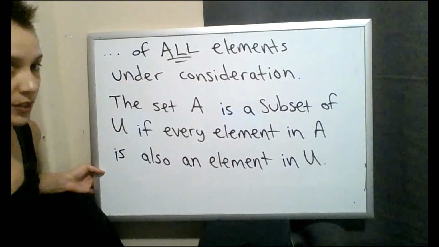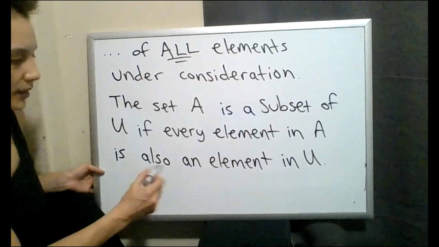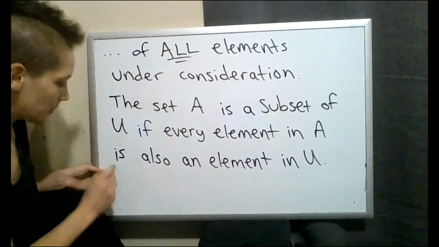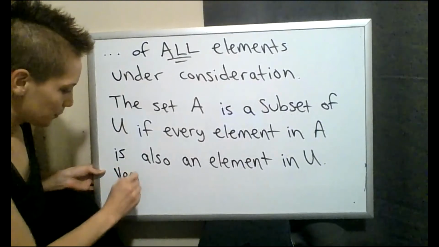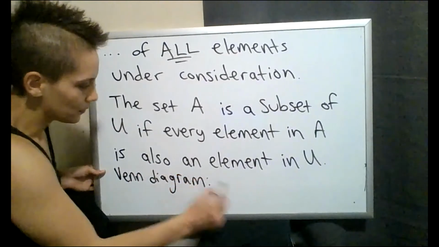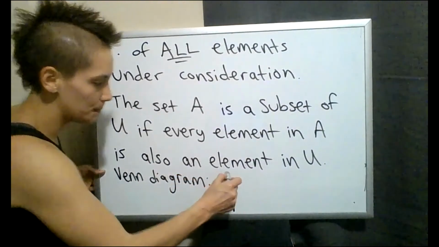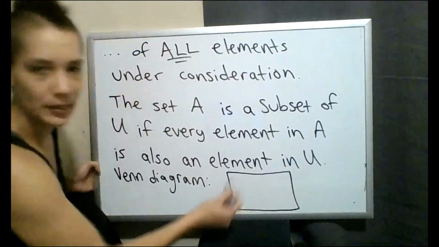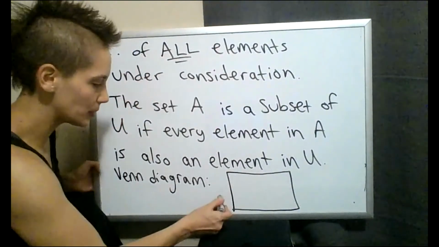I think at this point a picture would help. So the universal set is usually drawn as a square, in your Venn diagram. We start with a universe drawn like this and labeled somewhere. Let's label it over here.